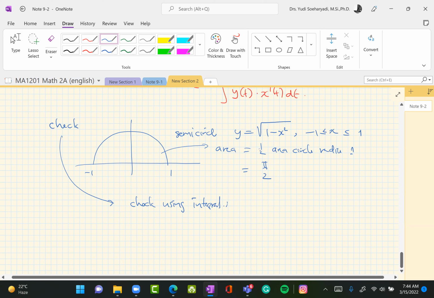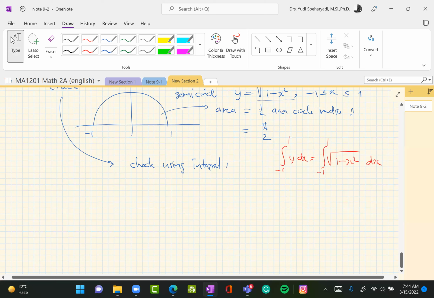Getting this pi over 2 from this function is not easy. It is not an easy integral, as you might have seen from the methods of integration.